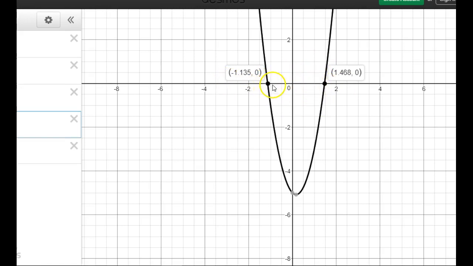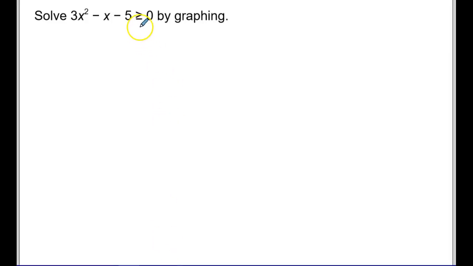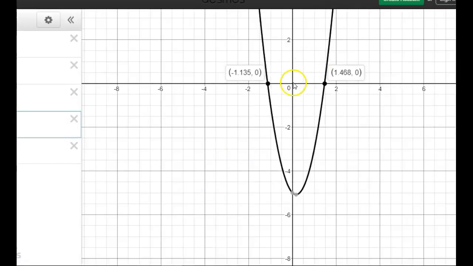But now I also need to know this is an inequality. So is this going to be in between, or is it going to be everything that's outside? First, I know that this has to be a solid line because I have this equal to part, and then it's going to be greater than. So I can pick 0, 0, our good old friend 0, 0 to test that point because it's in here.